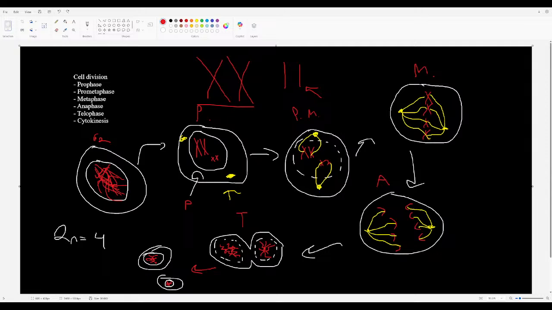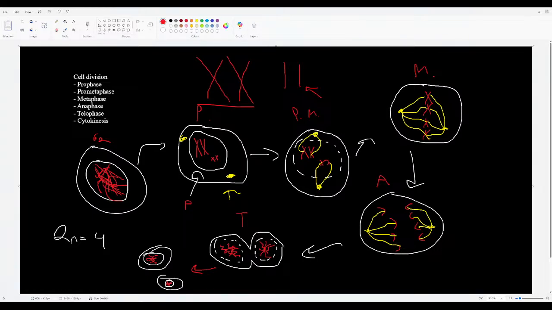And also, cells undergo DNA replication because they want to double the amount of chromosomes that they currently have. They want to double it so they could make an identical copy later, right? And as for why cells undergo mitosis, well, it's for growth of an organism, right?